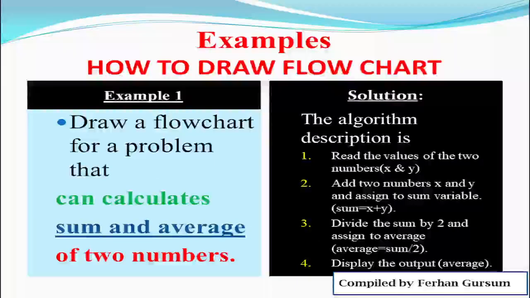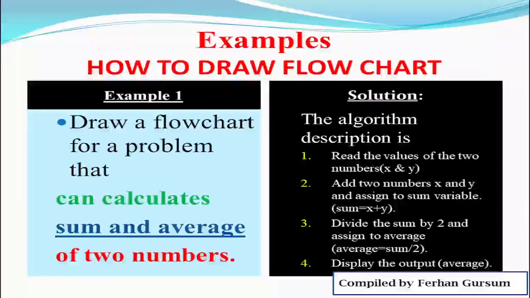This is the algorithm. Read the values of two numbers, maybe x and y or a and b. The question says draw a flowchart for a problem that calculates the sum and the average of two numbers. It says two numbers, because of that we are reading two numbers. Then the sum: first you have to add the two numbers x and y and assign to sum.